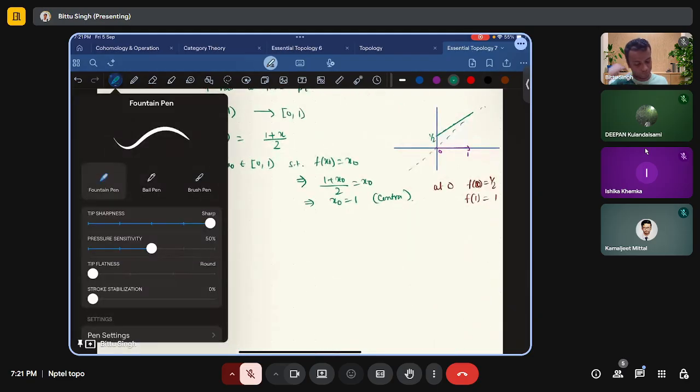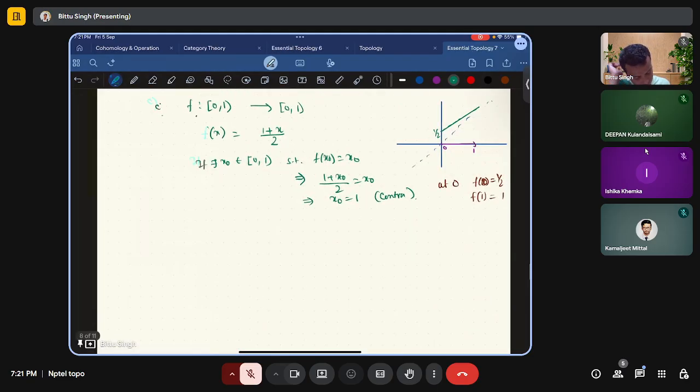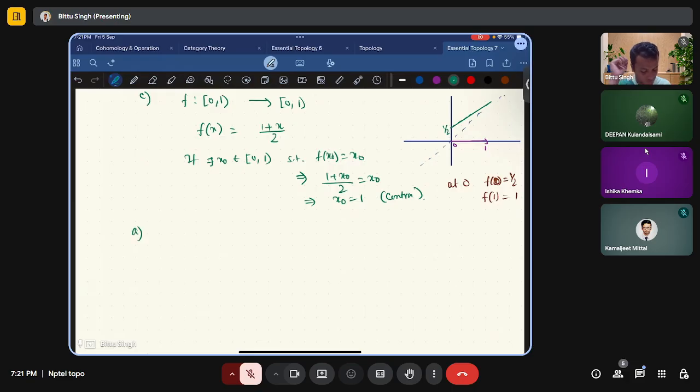Let us try to solve the option. f is a continuous map from [0, 1] to [0, 1]. Then can we prove or disprove that f has a fixed point? So let us see what happens.